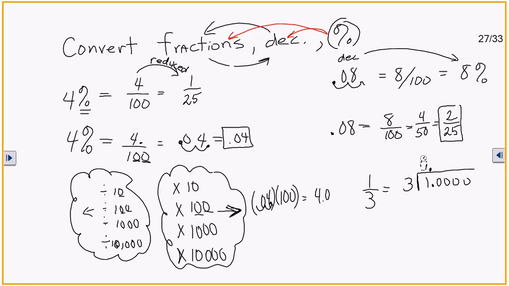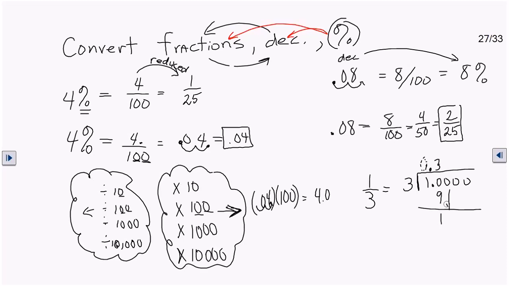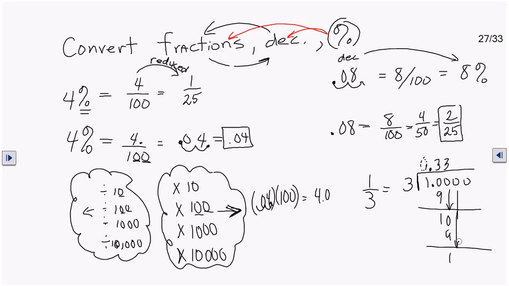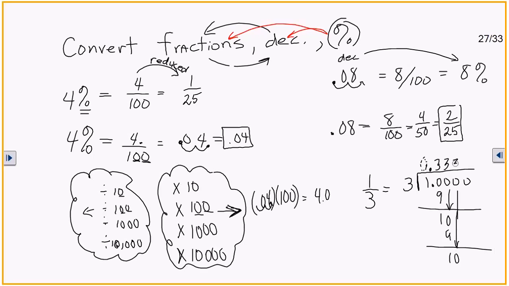How many times will 3 go into 10? 3 times. 3 times 3 is 9. Left with 1, bring this down, you're left with 10. 9, 1, bring this down. 3, and of course you see that it's just repeating.